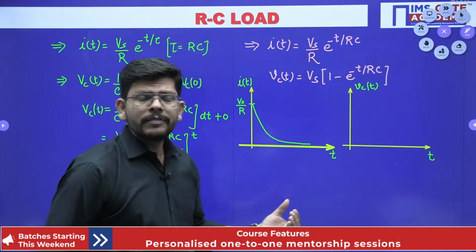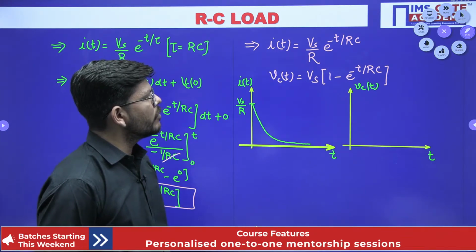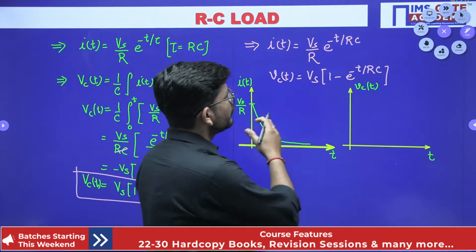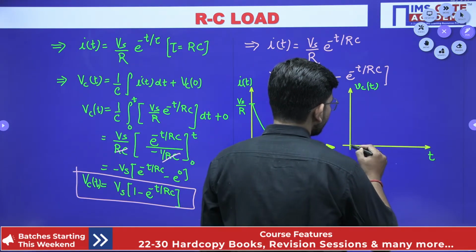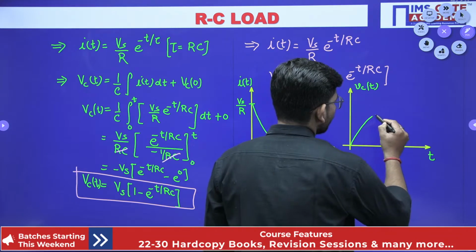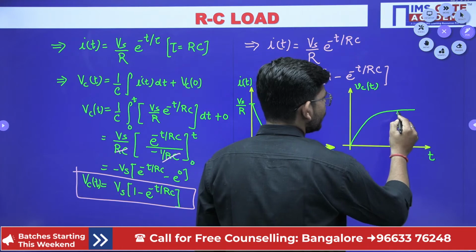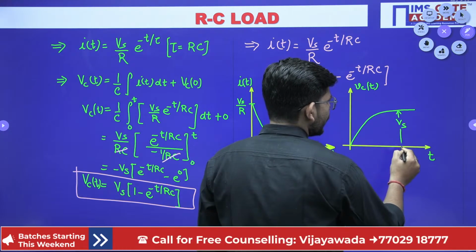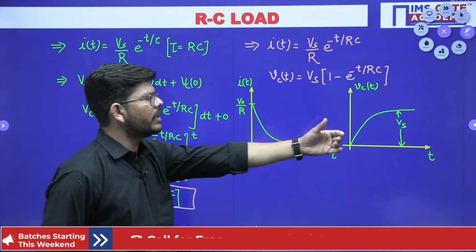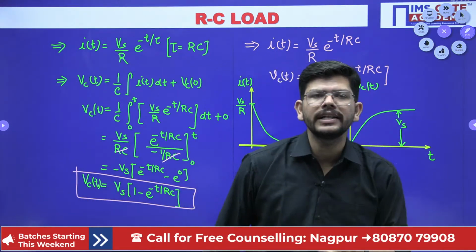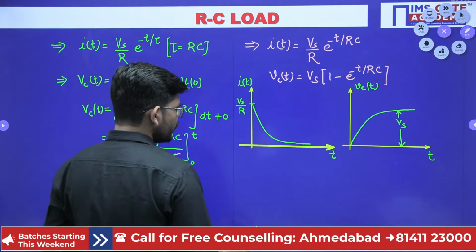Now if I put t equals to infinity here, then I get e to the power minus infinity, which is 0, so I get a value equal to Vs. So the capacitor voltage variation will be like this, starting from 0 and finally settling at a value Vs, isn't it?